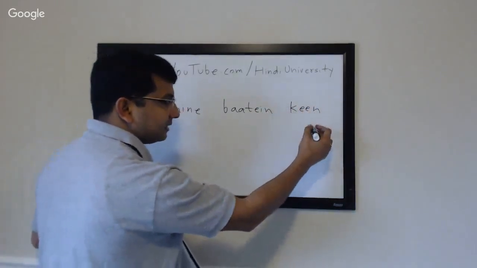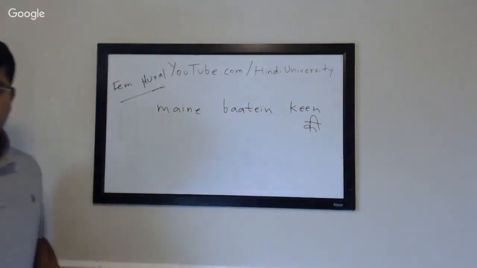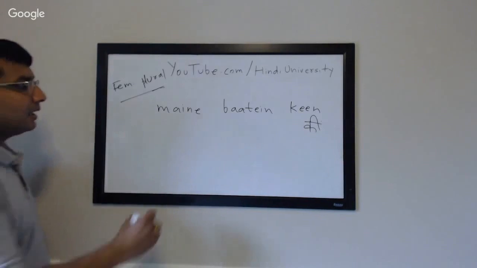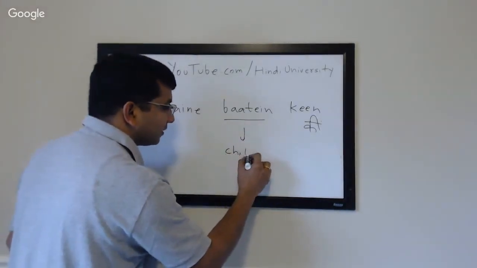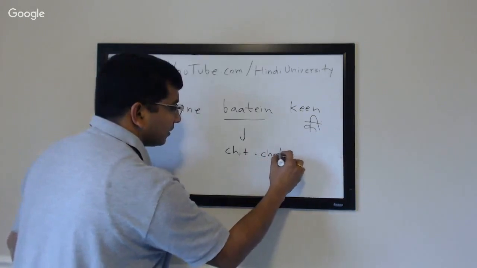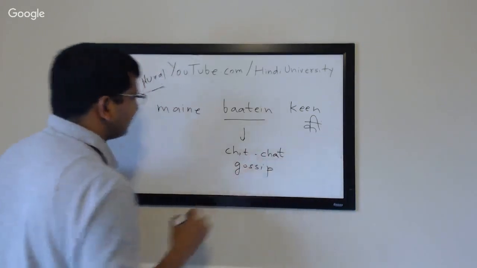Don't read it as keen. It's a की with a nasalized sound. Okay. मैंने बातें की. बातें is nothing but a lot of chit chat, or gossip. You can call it whatever.